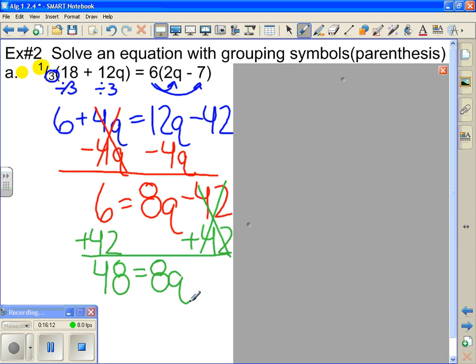And that only leaves one more step to go. And the final step is, good, divide. Divide by 8. Now don't forget to put your Q first. Q equals 48 divided by 8. Very good. 6.